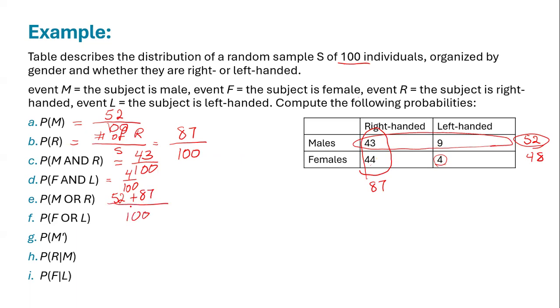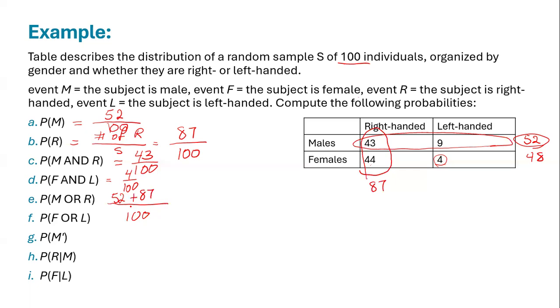But if I add 52 and 87, for sure I get a number more than 100. And a number more than 100 divided by 100 would be more than 1. But I know the probability of any event must be at most 1. Why do we have this? Because we double counted some people.